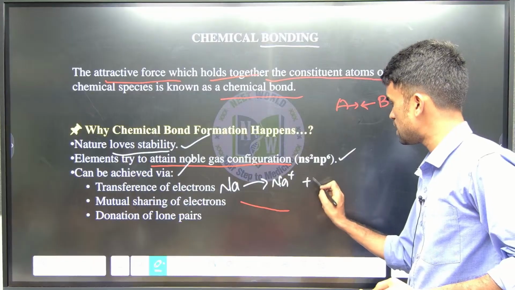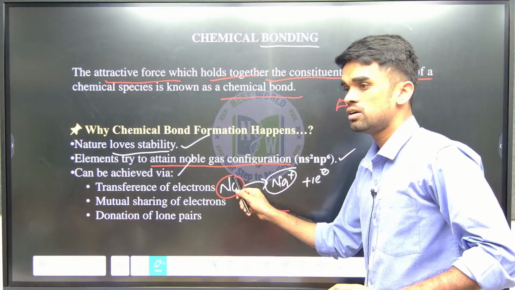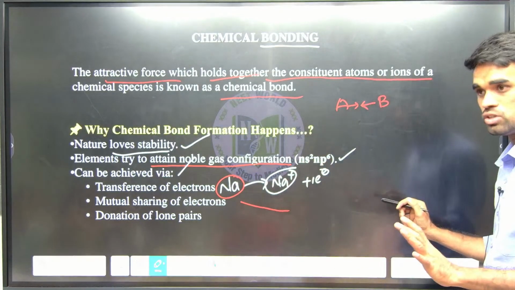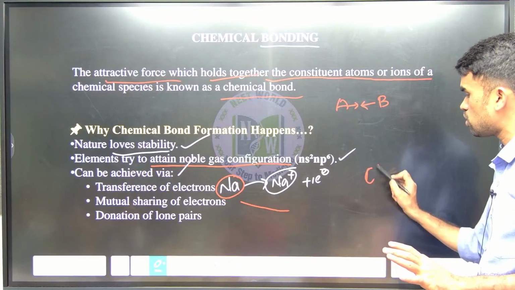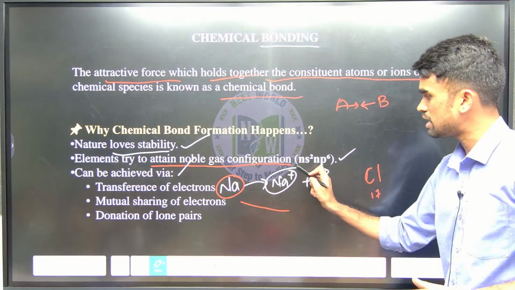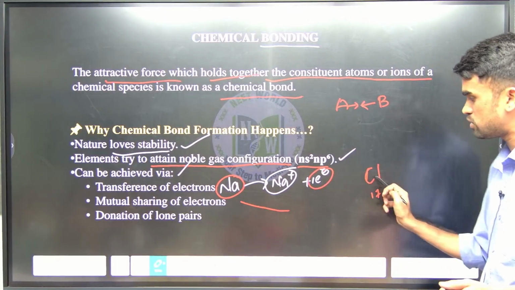By transferring one electron it becomes a cation. To whom will they transfer? To the species who require that electron. For example, halogens, like fluorine, chlorine, they have 17 electrons. So in order to attain that noble gas configuration, one more is required. That one more is taken by this fellow and becomes?